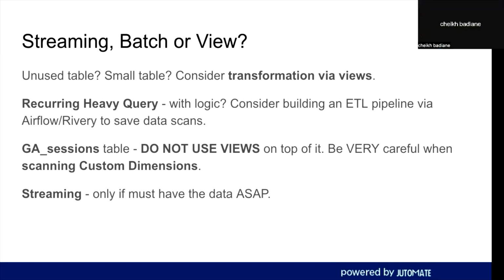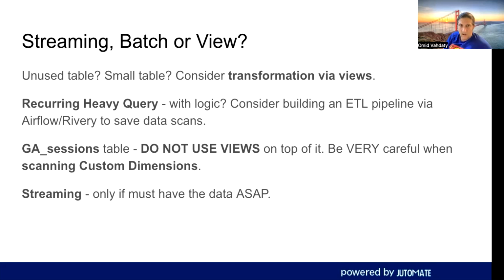Sometimes you have a recurring heavy query with a business logic. So you should consider doing an ETL pipeline via Reverie or Airflow to save the amount of data scale.